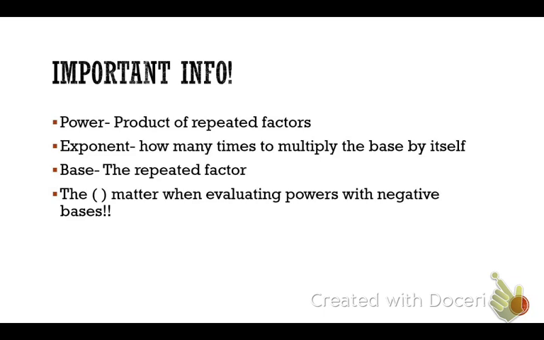Then you have the exponent, which basically tells you how many times to multiply the base by itself. Then you have the base, which is the repeated factor. Let me give you an example. Let's take 3 to the second power. 3 is my base, the number that's going to be multiplied by itself.